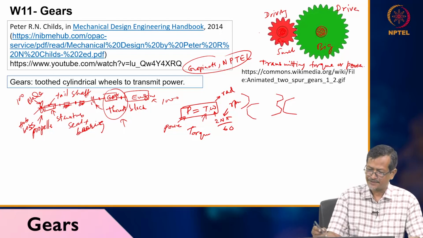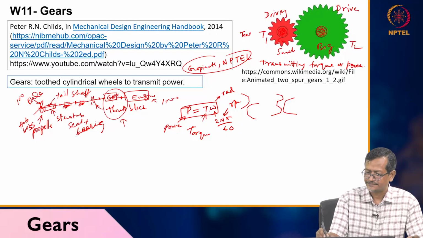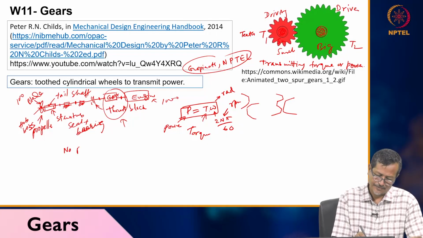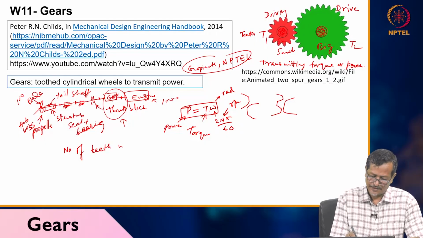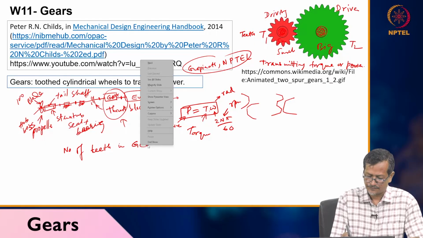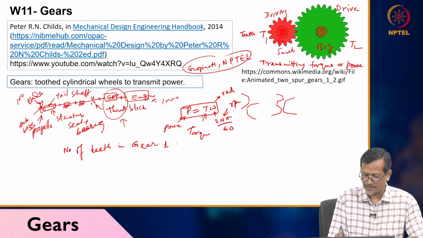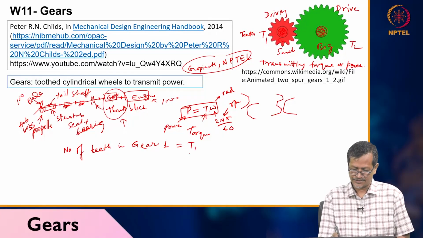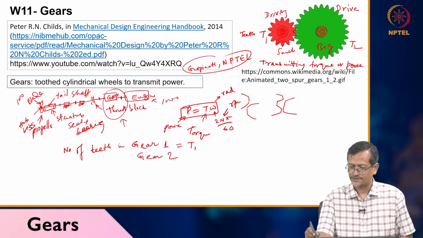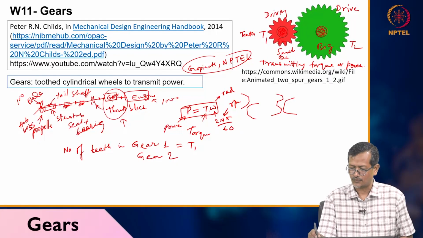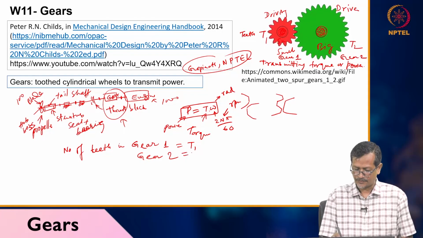So let's say the number of teeth in gear 1, the small gear, equals T1, and gear 2 has T2 teeth.